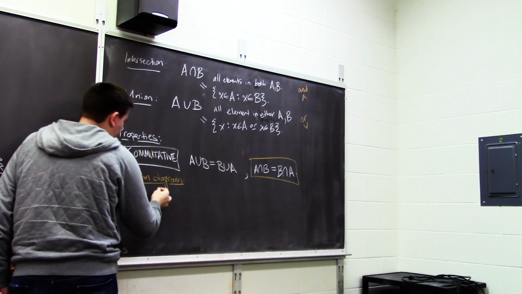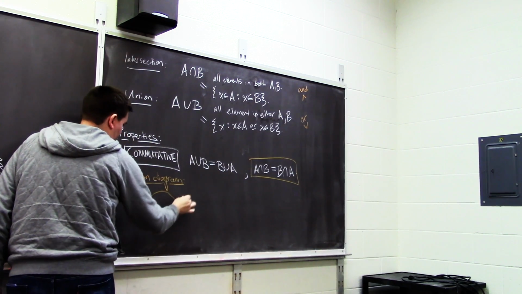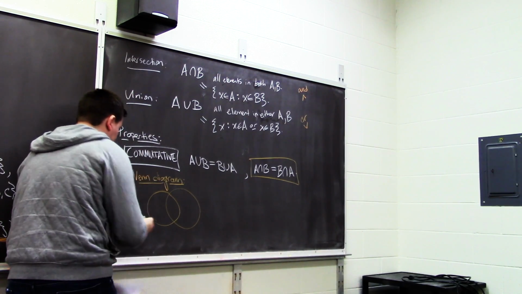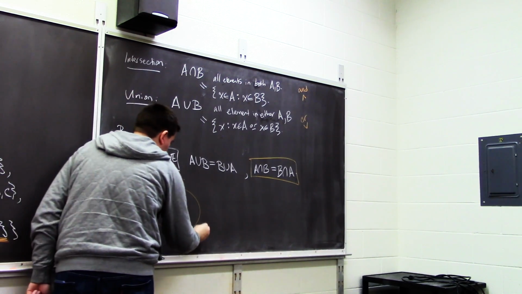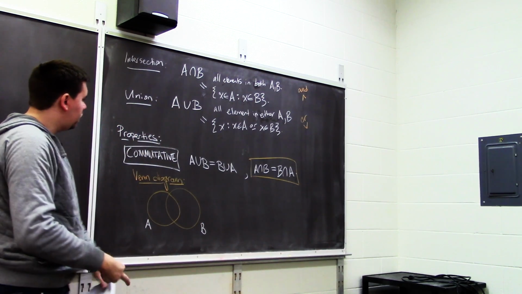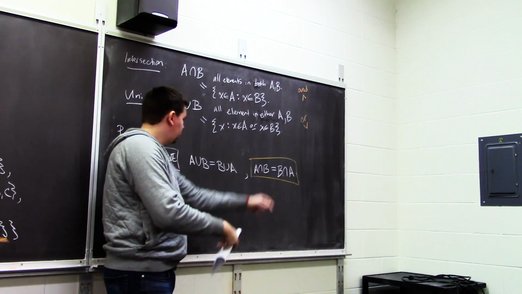So you can draw a Venn diagram where you have some circles that represent the sets A and B. And then you just think, what is A intersect B?